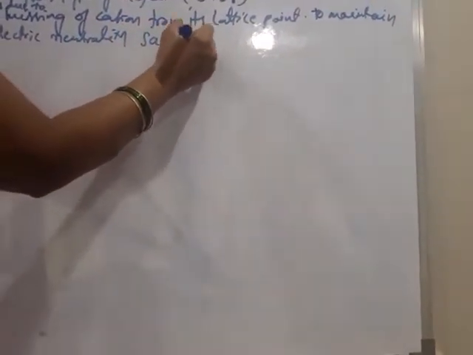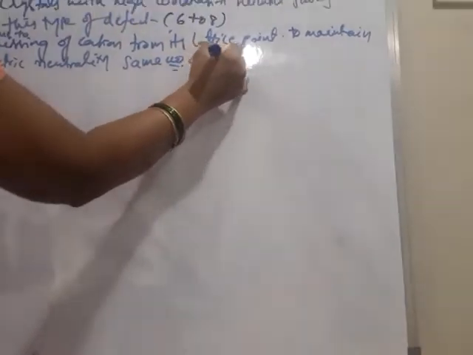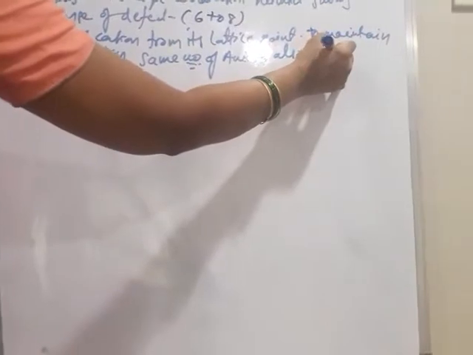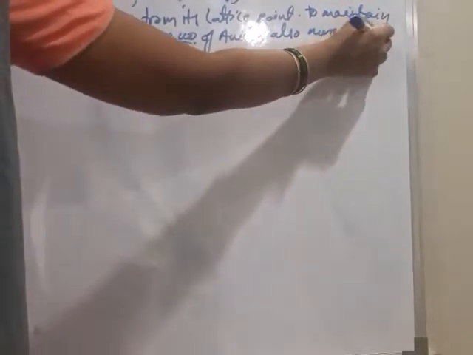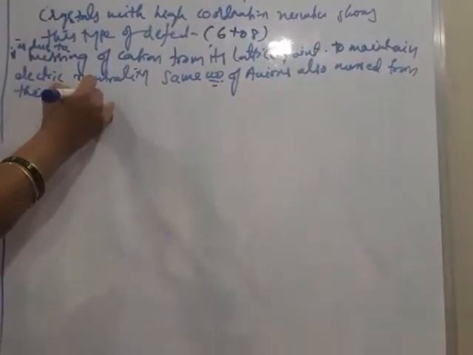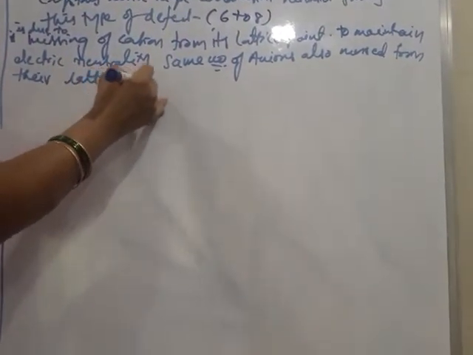The same number of anions also go missing from the lattice points.